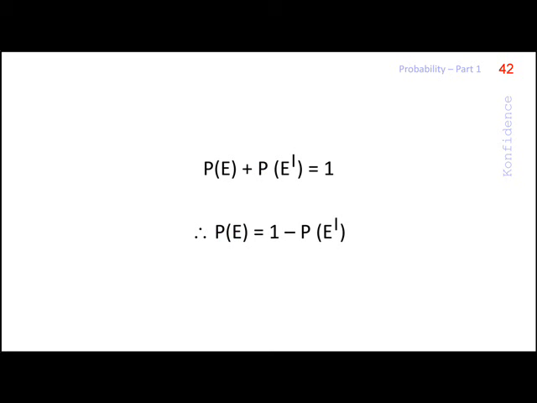Probability that the event does not happen is same as probability that the complement of the event happens. Therefore, P of E plus P of E complement will be equal to 1. Therefore, P of E equals 1 minus P of E complement.